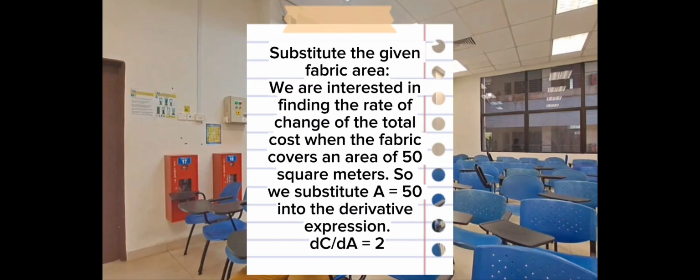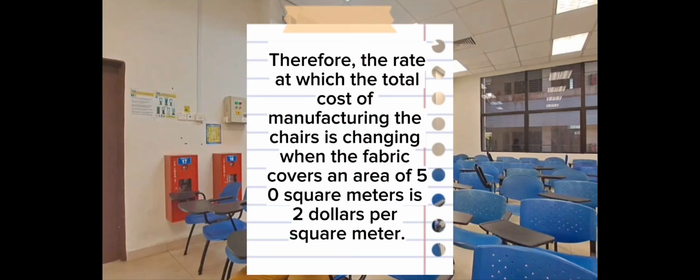We are interested in finding the rate of change of the total cost when the fabric covers an area of 50 square meters. So we substitute A equals 50 into the derivative expression, which is dC divided by dA equals 2. Therefore, the rate at which the total cost of manufacturing the chair is changing when the fabric covers an area of 50 square meters is RM2 per square meter.